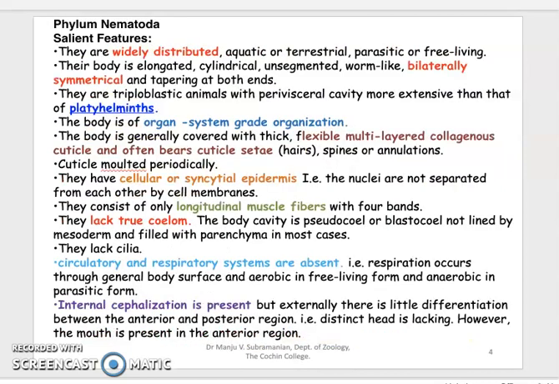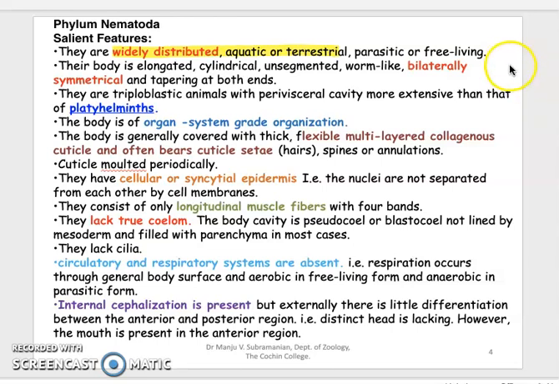Then when we come into the details of the salient features, as said earlier, they are widely distributed: aquatic, terrestrial, parasitic or free living forms. The body is elongated, cylindrical, unsegmented, worm-like, a bilaterally symmetrical organism, tapering at both the ends.